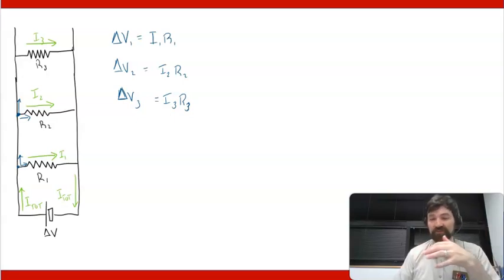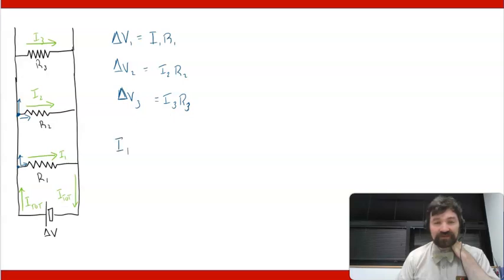So I had 20 out, 20 in. Basically what this means is that I can, on the one hand, write that I total is equal to I1 plus I2 plus I3. And if there are other terms, then I can add all of them as well.